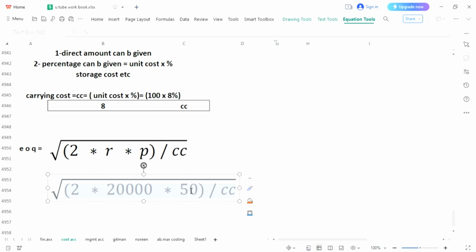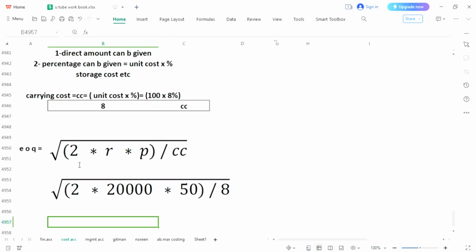And next is carrying cost, and you can see carrying cost was calculated by putting the percentage upon per unit cost, and we have 8 as carrying cost. So delete it and write down 8. So guys, in this way we can complete the formula: 2 multiplied by R, annual requirement, multiplied by P, cost of placing an order, divided by carrying cost.